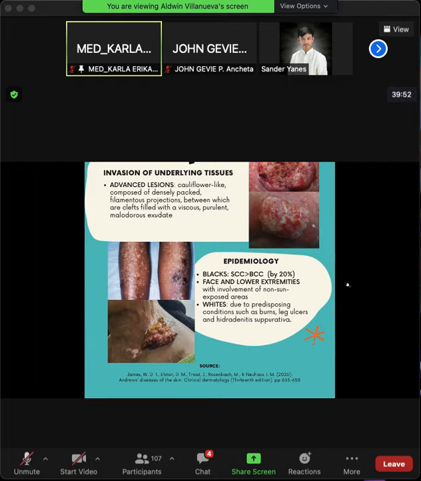On the other hand, in whites, SCC can be caused by predisposing conditions such as burns, leg ulcers, and hidradenitis suppurativa, as previously mentioned. As shown in the picture, blacks commonly present with SCC at the lower extremities, while whites would present with SCC due to burns. Thank you.